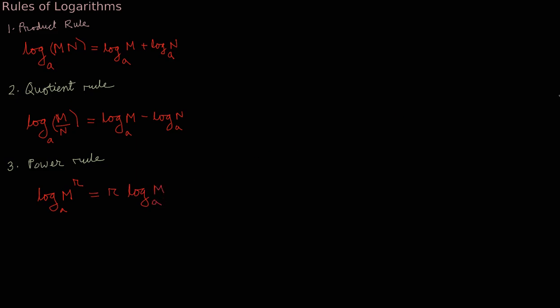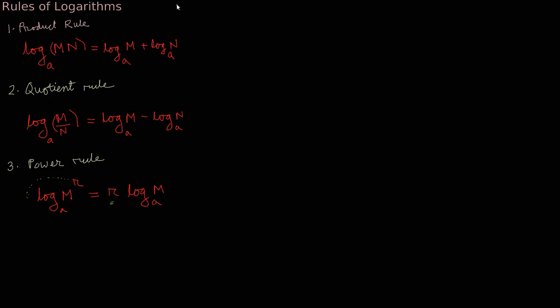So what happened in this case is, as you can see, that the power r basically comes to the front of my logarithm. So here it is. Okay, so these are the three rules of logarithm.